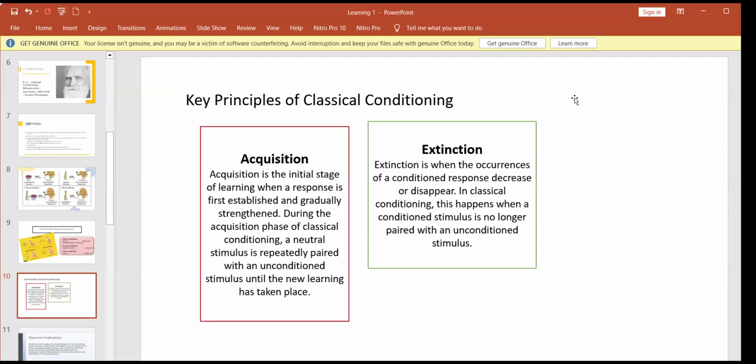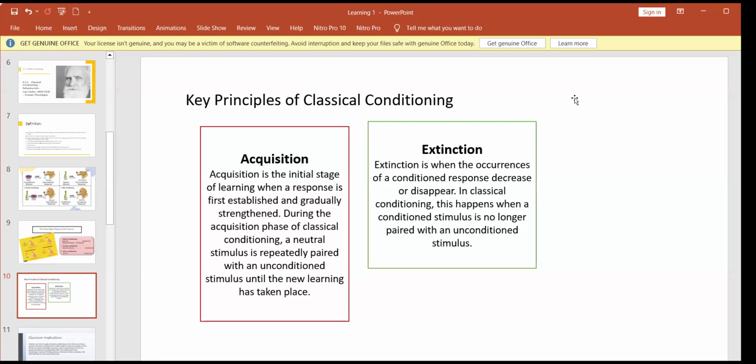A neutral stimulus is transformed into a conditioned stimulus by associating, pairing up the neutral stimulus with unconditioned stimulus. If you do so, that is termed as acquisition. There is new learning that happens through the association of neutral stimulus with the unconditioned stimulus.